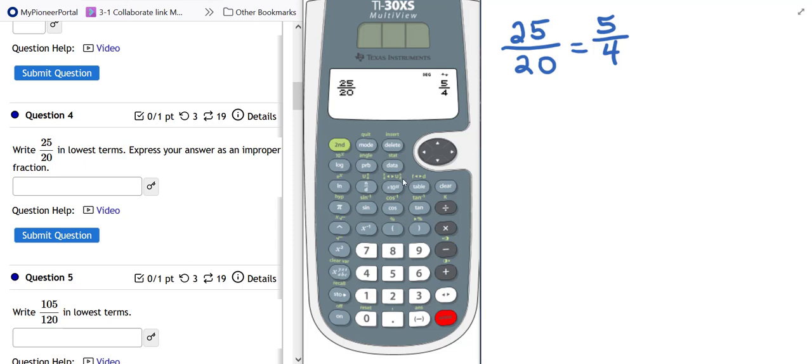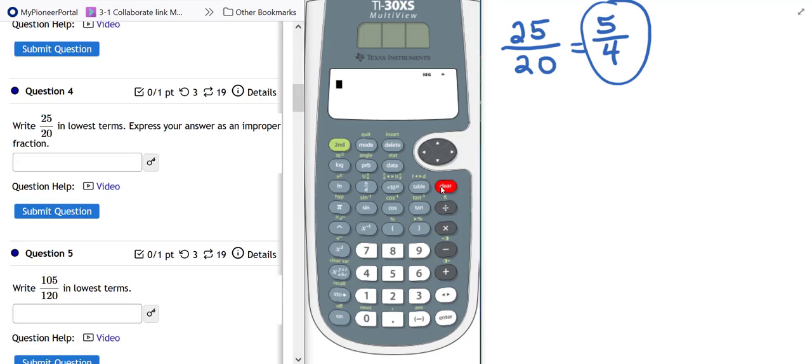So if we wanted to try that now, we would do second. That does the things above the buttons, and so it's going to change to 1 1/4. But don't do that on this homework assignment, okay? We want it as an improper fraction. So this is the right answer, but you can change it on there.